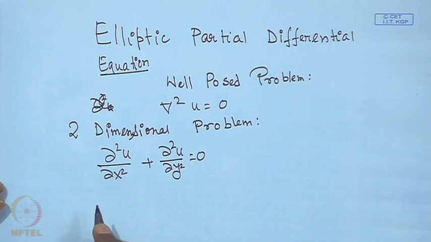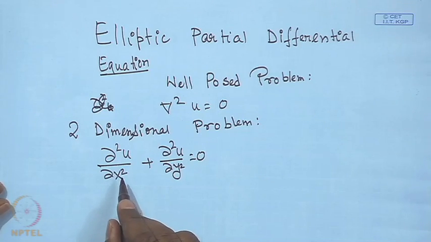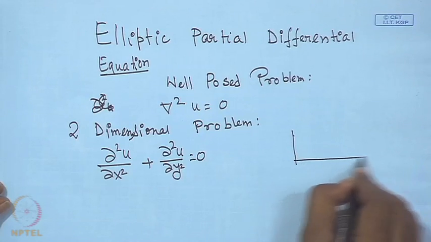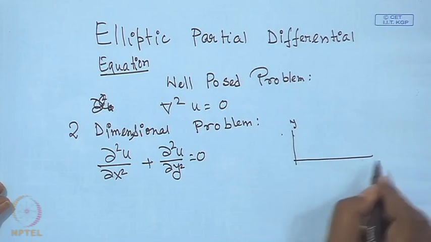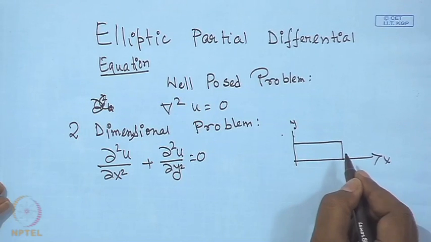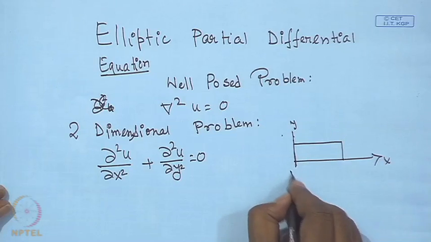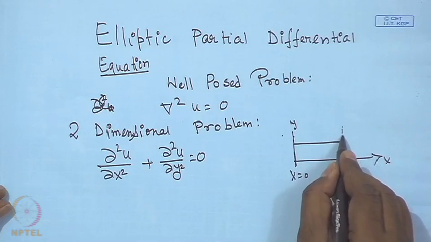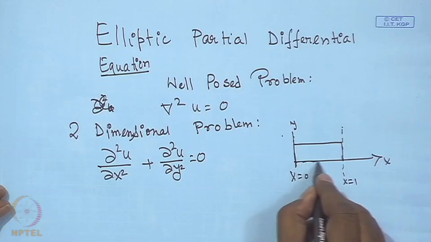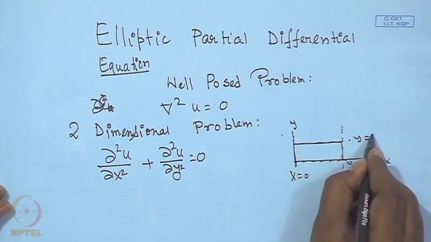Now, we set up the boundary conditions. We have 2 boundaries on x, 2 boundaries on y. So, you have the y axis, this is the x axis, let us say this is the rectangular system or the control volume. This boundary is located at x is equal to 0, this boundary is located at x is equal to 1, this boundary is located at y is equal to 0, this boundary is located at y is equal to 1.